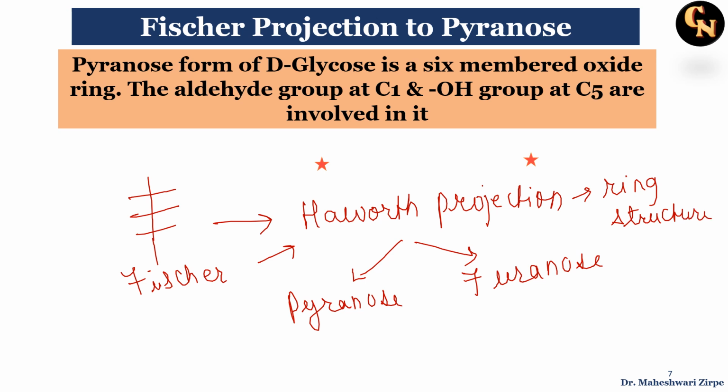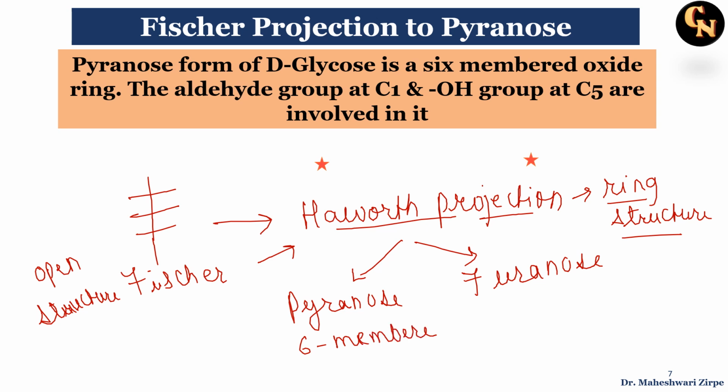As we have seen, the Fischer projection was an open structure, whereas the Haworth projection is a ring structure. That means we will be getting a closed ring. Now these closed rings, or Haworth projections, we can draw in two ways, that is pyranose and furanose. Pyranose indicates a six-membered ring with oxygen.